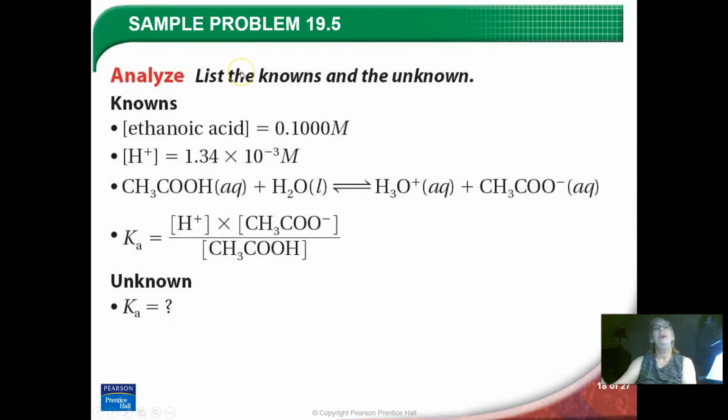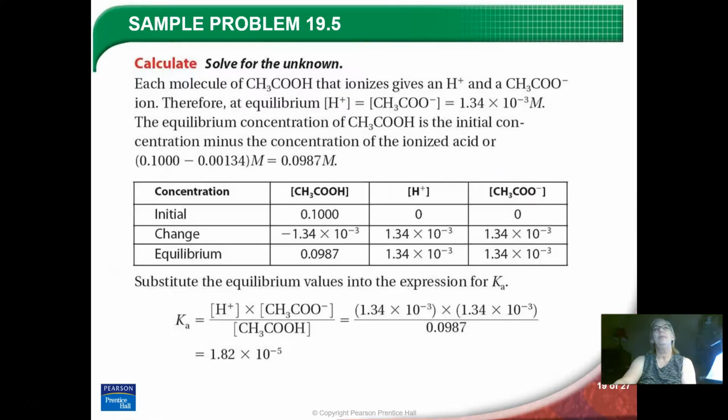We know that for every one of these, we're going to form one of these and one of those, a 1:1:1 ratio. If I know this value here, then I know that's the same because they're a 1:1 ratio. And I've gotten rid of that same molarity of this when it dissociated. So we're going to put those numbers in, but we have to figure some of the numbers out first.